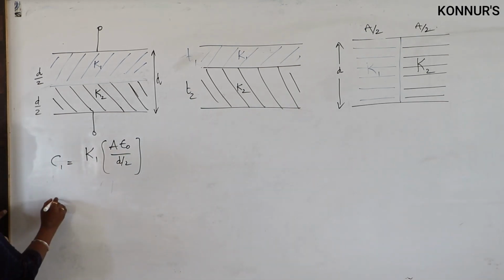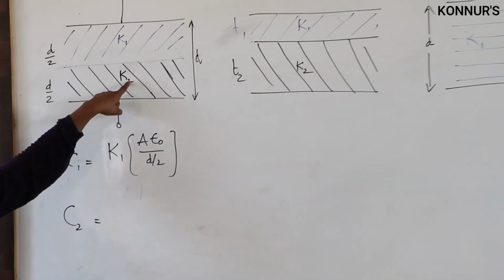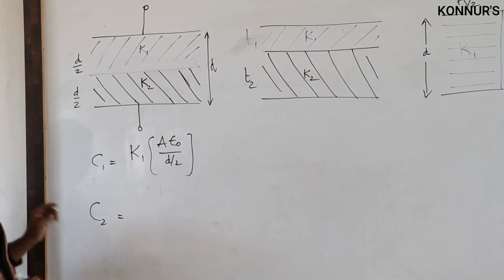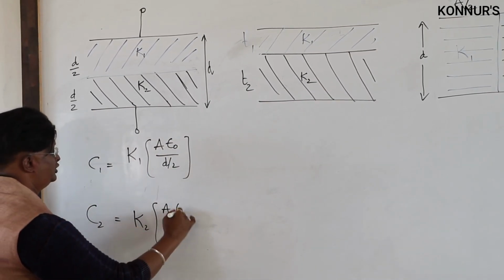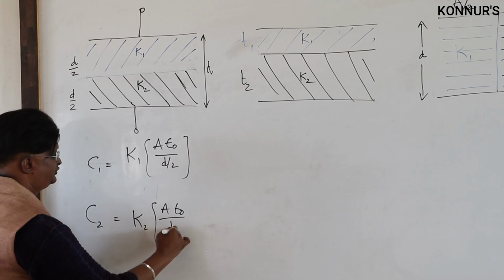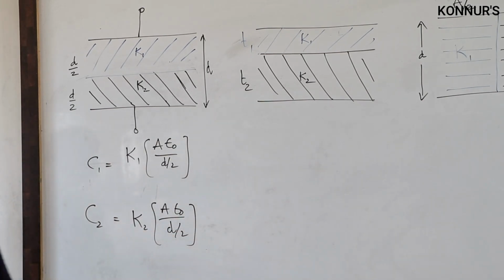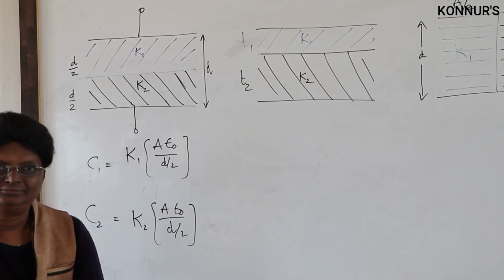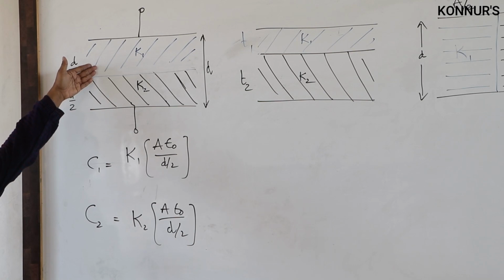Now what will be that of C2? C2 is also, see here, same thickness d by 2, but the constant is K2, complete filling, right? So it is K2 times A epsilon naught, same area for both, and thickness is also same for both, it is d by 2 for each. Now what do you observe here?